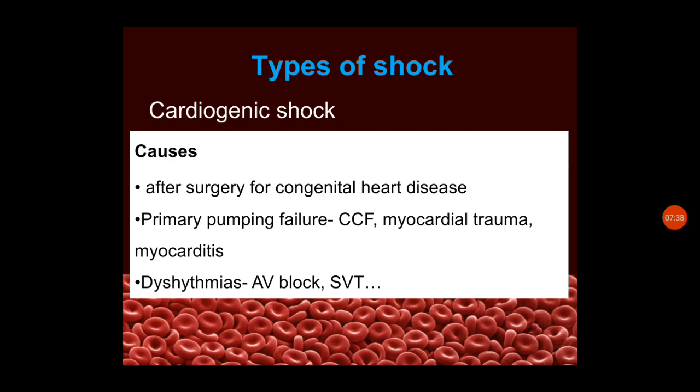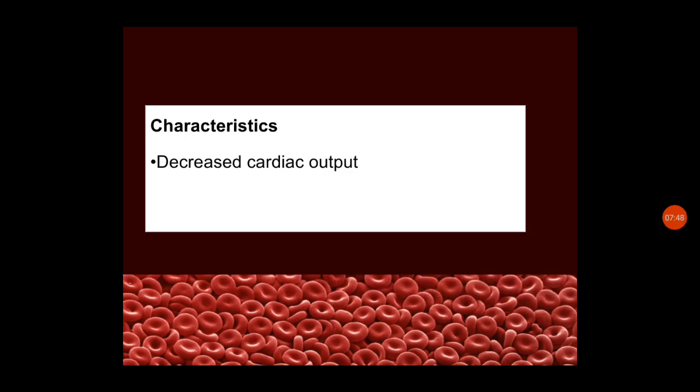Another reason is dysrhythmias like SVT, AV block, etc. The main characteristic is decreased cardiac output. Pulse rate will be low and blood pressure will become low. These manifestations can be seen in cardiogenic shock.